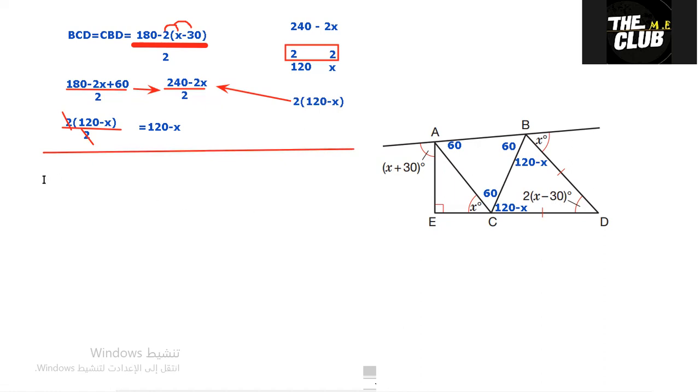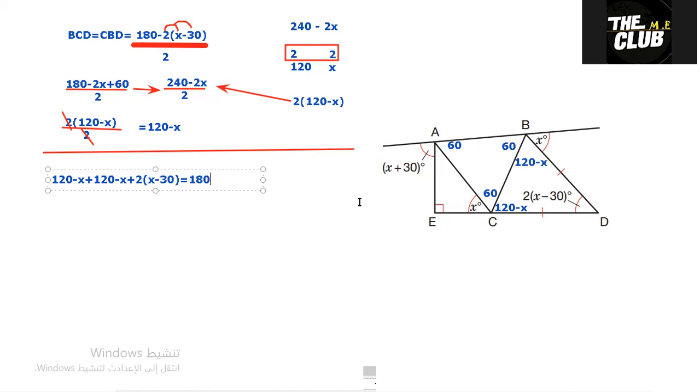So I'm going to say 120 minus x plus 120 minus x plus 2 multiplied by (x minus 30), and we close the bracket, and then equals 180.